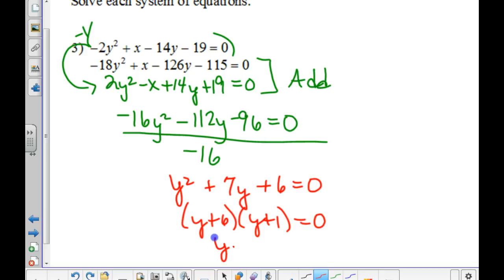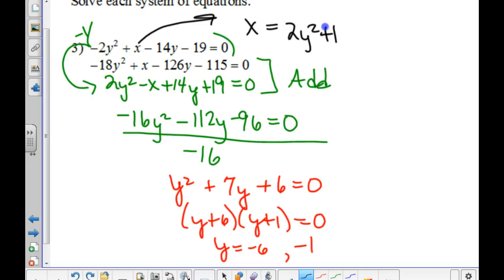All right, so I have a negative 6 and a negative 1 for my y's. Now, it kind of hurt my head to plug it back in. I was lazy, or not lazy, maybe smart, I don't know, but I rewrote this sentence as 2y squared plus 14y plus 19.